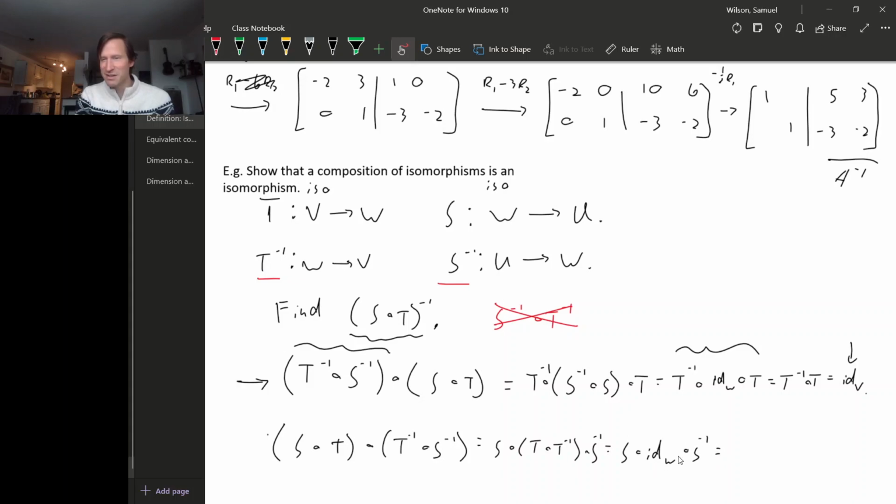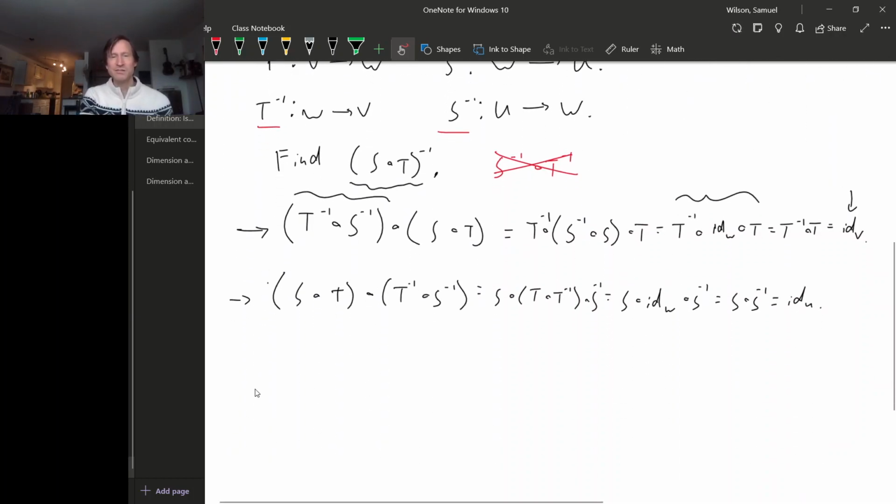But the identity on W doesn't do anything, so we can just write S composed with S inverse. But S composed with S inverse is the identity on U. But that's what we were hoping to get. So this proves that the inverse for S composed with T is T inverse composed with S inverse.